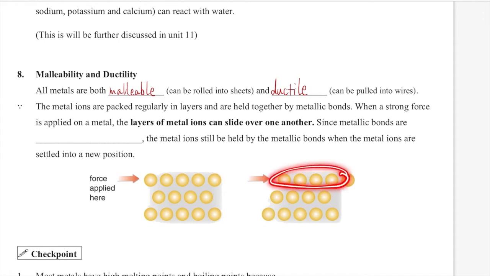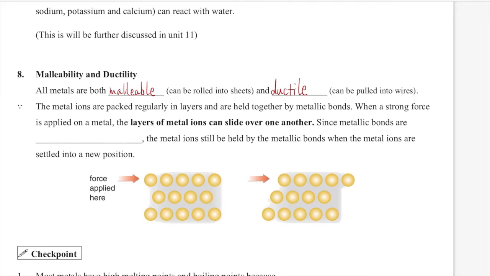Although this layer has been moved to a new place, because the metallic bonds are non-directional, we can still have a lot of electrons surrounding these layers of metal cations. Those electrons can still hold this layer of metal cations in place. So when we apply a force, even though the metal cations have been moved to a new position, the metallic bonds are not broken.